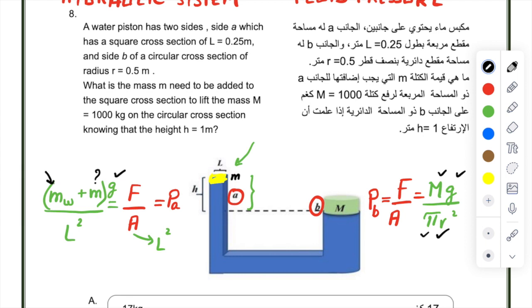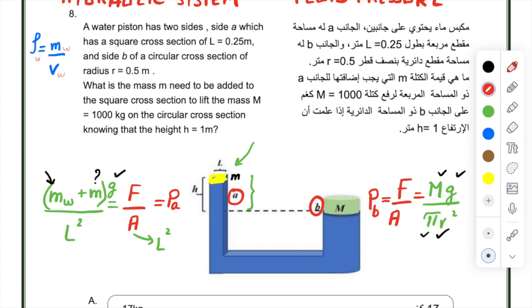Let me figure out the mass of the water. We need to recall the density of water, which is ρ, equal to the mass divided by the volume. Here again, I'm talking about the water.